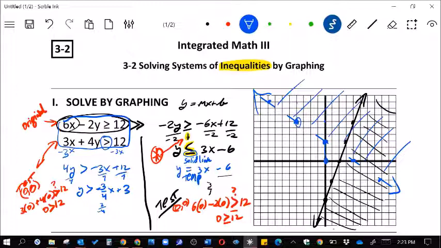Now we can see where both of them are shaded at one time. And that's the place where the answers are. All of these points, the shading is disappearing on me. Let's see how close I can get.